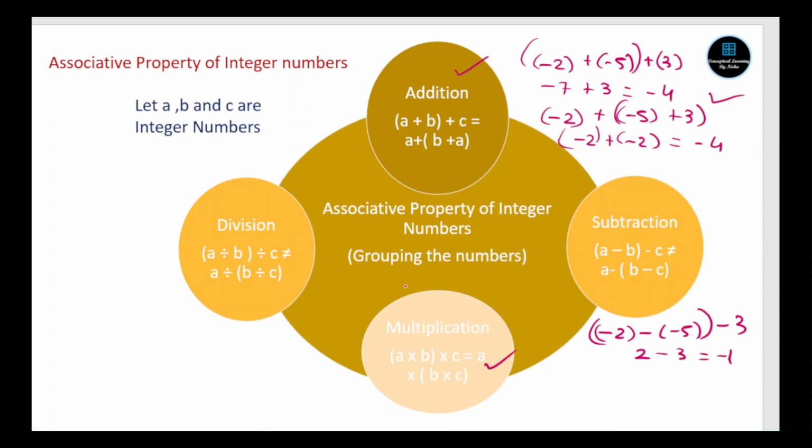Now if I change the group, negative 2 minus, now I am changing this group to negative 5 minus 3, which is minus 8. So minus 2 minus minus 8 gives me a 6, right? So these two answers are not equal, correct? And same way you can prove it for division. For division it is easy if you take 0 to prove it.